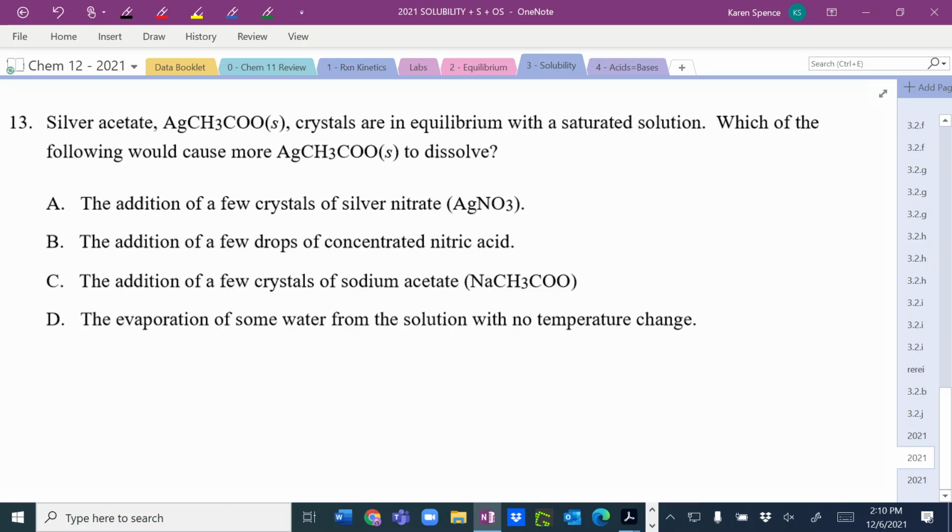This would be a perfect kind of a question to ask on a midterm or final kind of exam, because it combines this unit with Bronsted-Lowry acid-base theory. Oh! Okay, so here we go. We have silver acetate. This particular question will not be on this test, but the principle behind it will be on the test, just not this specific instance. Okay?